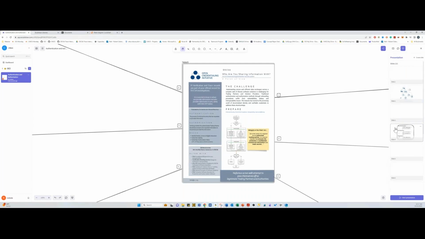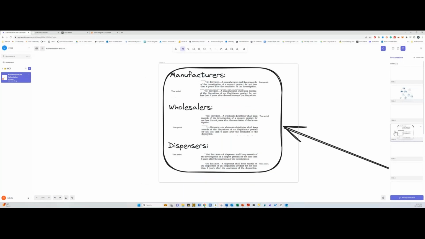One of the areas that we need to be mindful of is that not only is transaction information necessary to archive, but also information from investigations. I just clipped this out of the DSCSA statute, and you see here the same requirements for manufacturers, wholesalers, dispensers. I probably could have grabbed them from repackagers also.